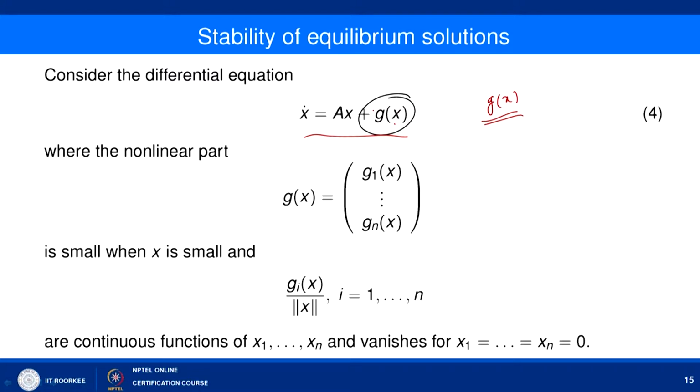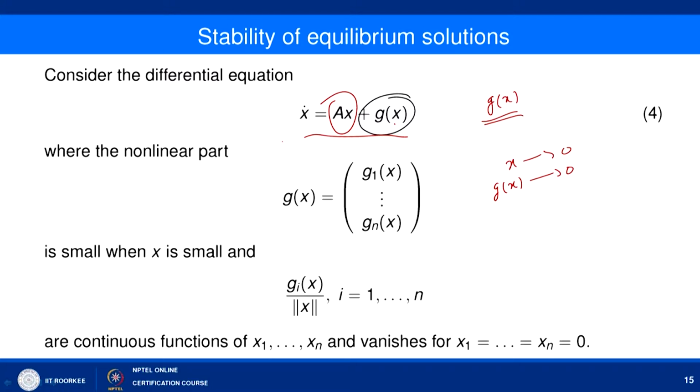If the norm of x tends to 0, then g(x) tends to 0, so near the neighborhood of x equal to 0, the linear part A x is dominating over the non-linear part g(x). This is the philosophy of the result which we are going to establish.